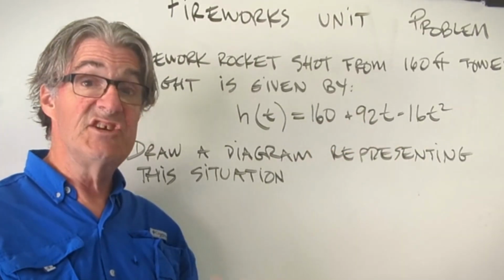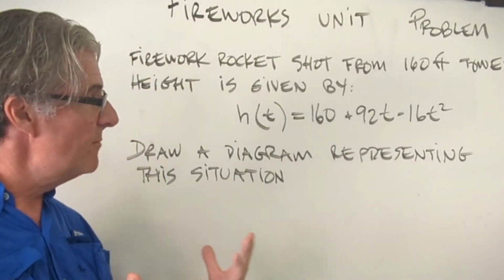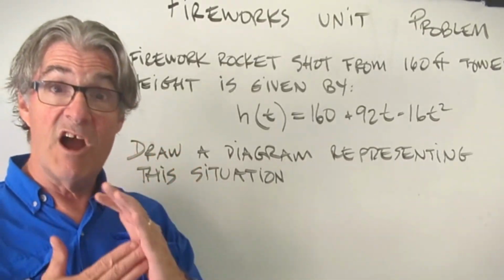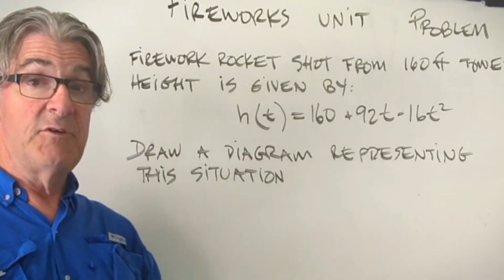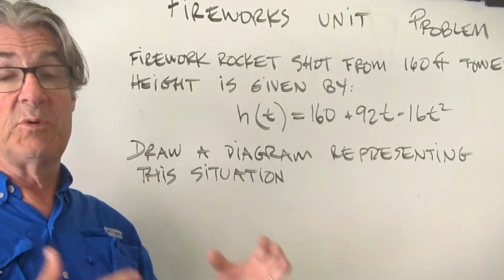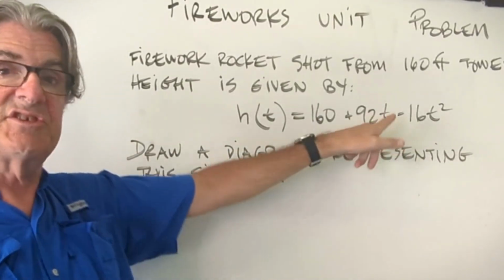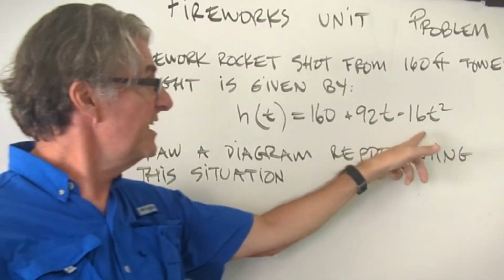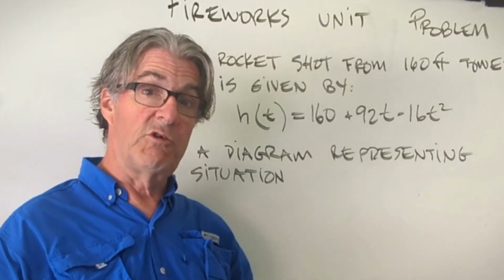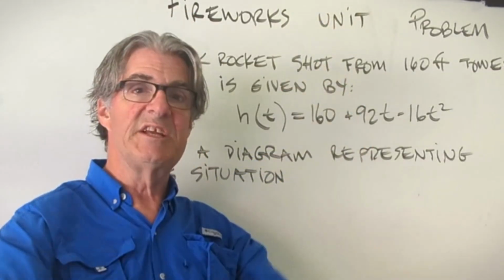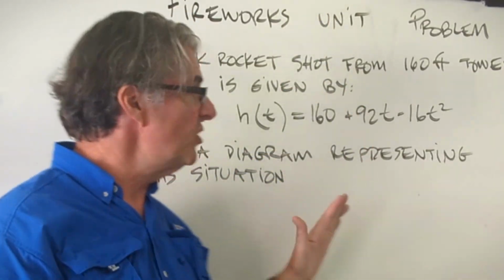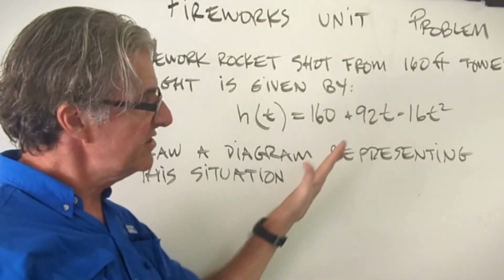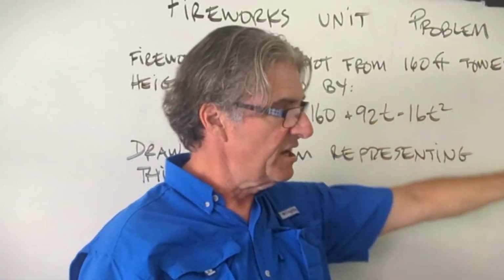This number is the initial velocity, and it's just a number that goes in this equation to reflect the rocket's initial velocity. If it went faster, this would be a bigger number. If it went slower, this would be a smaller number. This is just determined experimentally. Finally, this term is the force of gravity. And the force of gravity is pulling down on the rocket the whole time. Even though the rocket's going up at first, then it's going to lose its power, and then gravity's going to take over and pull it down.